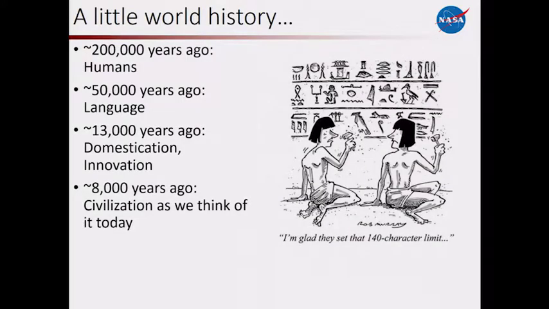Then about 8,000 years ago, civilization as we think of it today started. Note that most of the time we've existed on this planet, we were cavemen and women, and didn't really even talk to each other for a good portion of it. What that resulted in is tens of thousands of worlds on our planet.